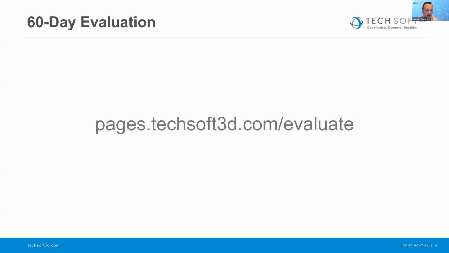That allows you to look at the toolkit, drive it for 60 days, have access to the API, use your own data, and then build a proof of concept with one of our consulting engineers that steps you through applying those workflows and using the API to see if that's something you can use within your software that you're developing.